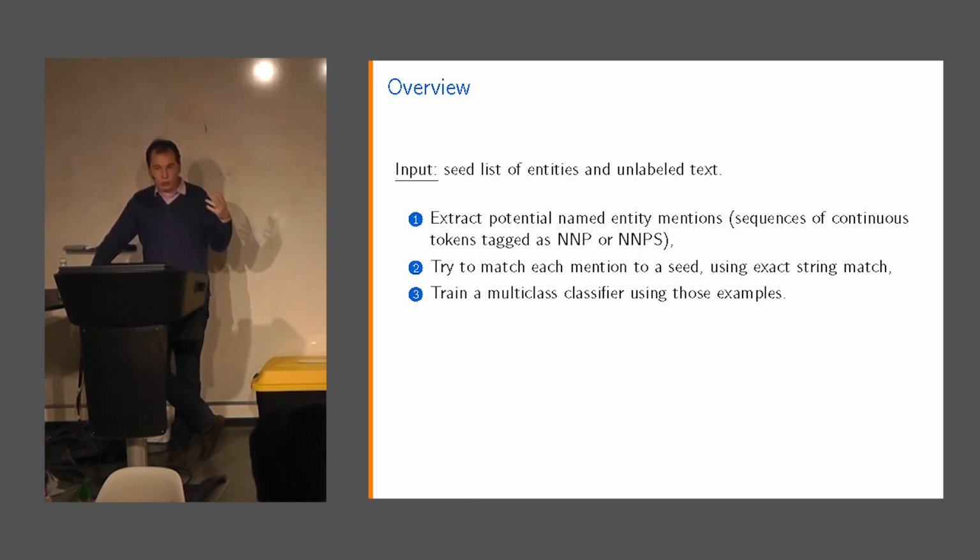And because, again, we assume that the named entities are not ambiguous, those are really positive examples. And then you can try to train a classifier using those positive examples you've extracted. But you will not iterate between extracting entities, training a classifier, and extracting more entities. You really want to train the classifier at once.